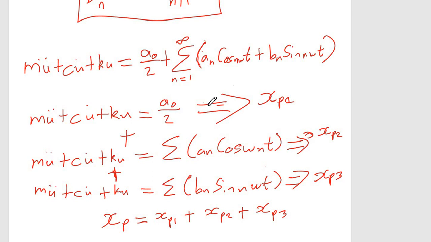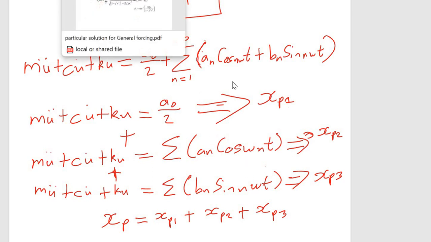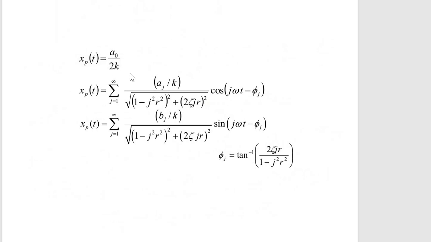Since it's now harmonic terminology, it's going to be very easy. On this slide, I've already shown you some of the general particular solutions associated with the term. So this will be xp1, this will be xp2, and this will be xp3.